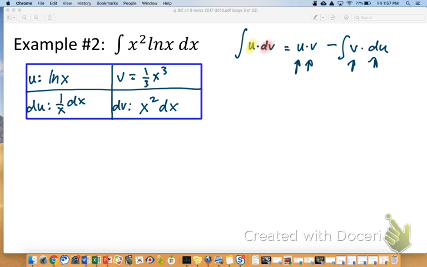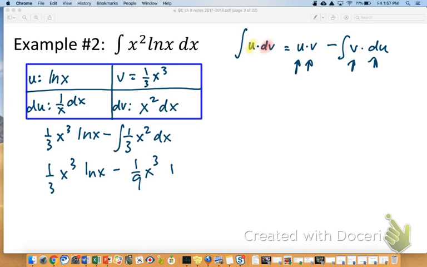Those things will just get plugged into the appropriate places. So this would be 1/3 x cubed ln of x minus, works out pretty nicely because don't one of the x's cancel out? So then when you finish this off by finding that antiderivative, you get this, and this plus c.